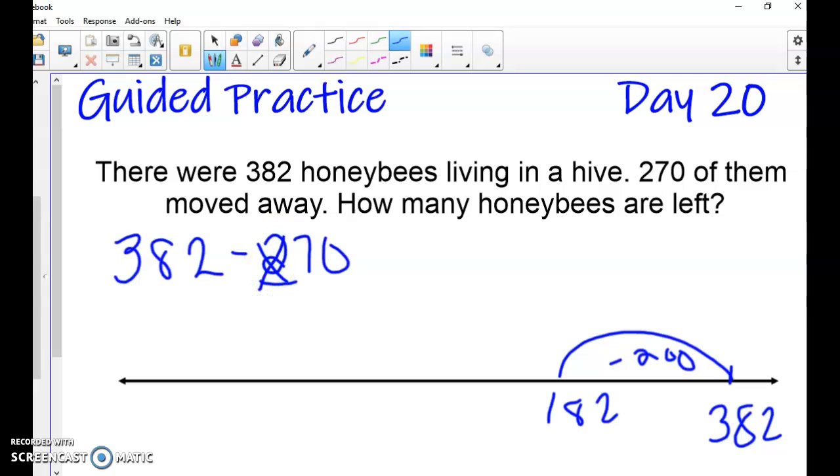Now I need to take away 7 tens, and 7 tens is equal to 70. Remember, you can do yours in smaller jumps if you need to. You can use 7 jumps of 10. Okay, so 182 minus 70, I'm only changing my tens place, and I know that 8 tens minus 7 tens is 1 ten.